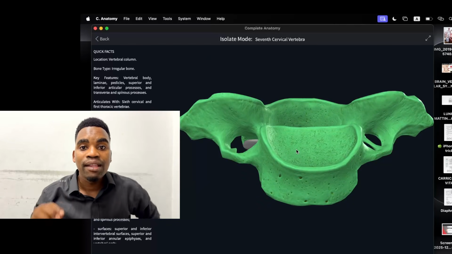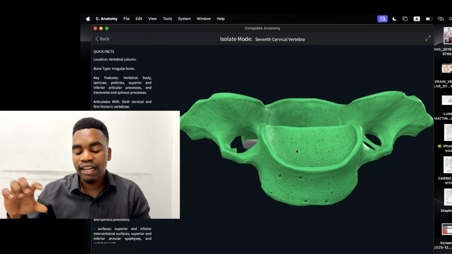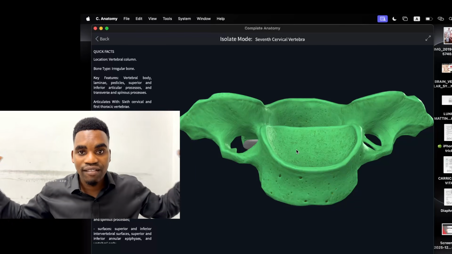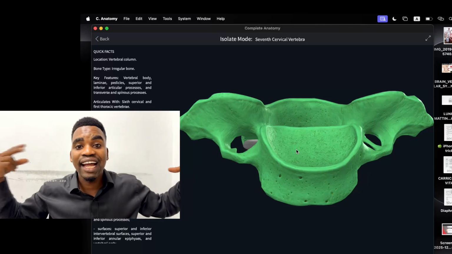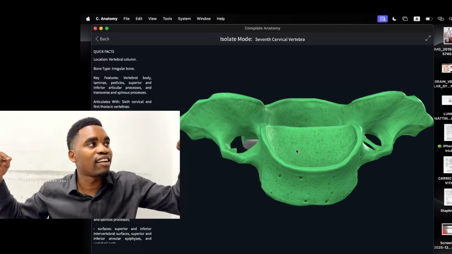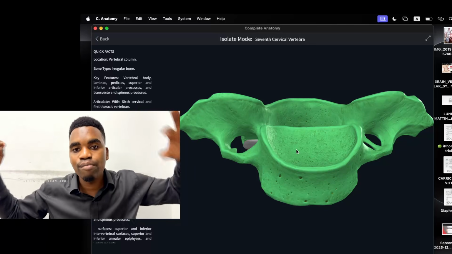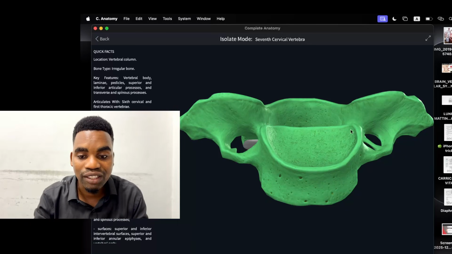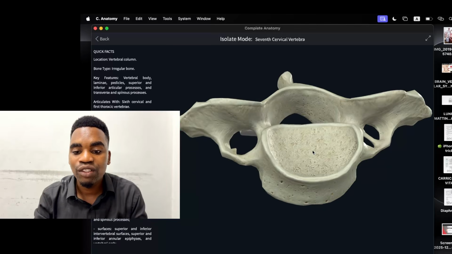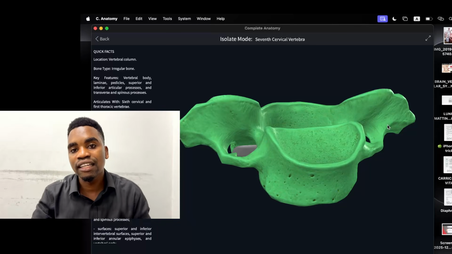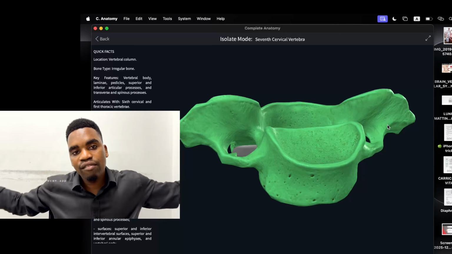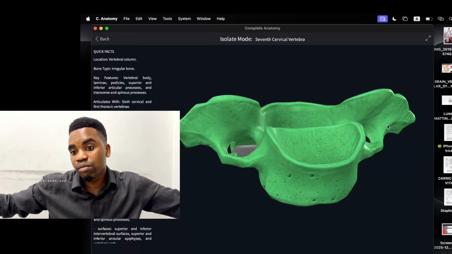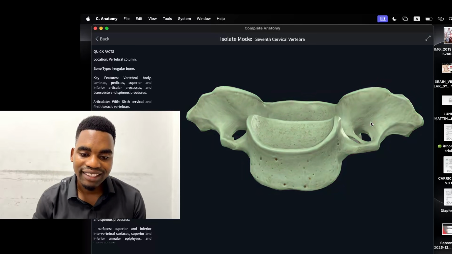The cervical rib is like an overgrowth of the transverse process of C7. Most cervical ribs arise from the C7 vertebra, and you will find that it connects to the transverse process of C7. The transverse processes of C7 are really lateral, and sometimes they overgrow to form something like a rib, called the cervical rib.